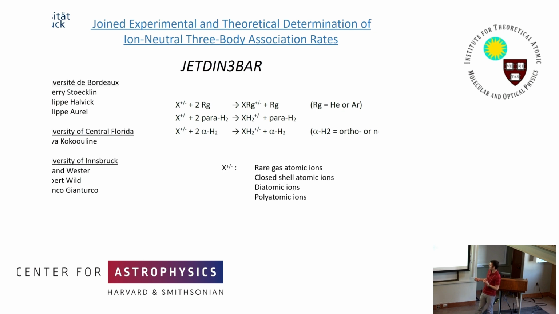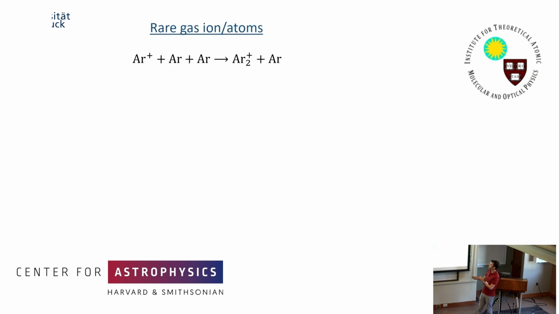And this ion should start out with a rare gas, and then we go to closed shell and diatomic and polyatomic, and basically start out with the simplest theory, and then, consistently or in steps make it more complicated, where you have to make more and more assumptions, and these assumptions can be calibrated to the simpler ones. That's the idea.